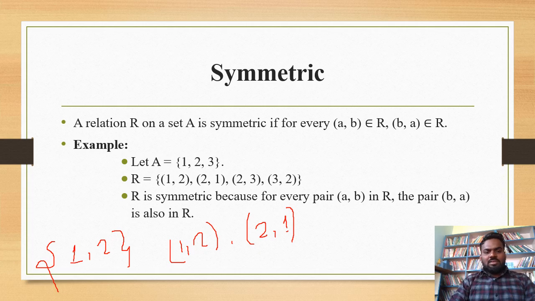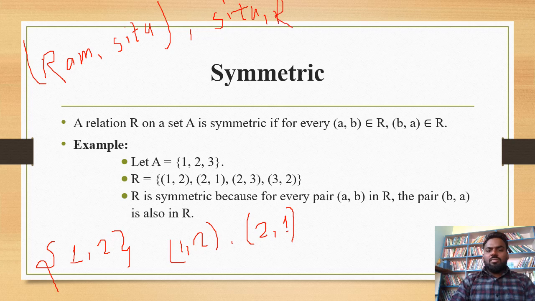Another real-life example: there is (Ram, Sita), so this is one relation. If another pair is also there, for example (Sita, Ram), then we call this symmetric. So if (a, b) is present in the set, then another ordered pair like (Sita, Ram) is also there. In this way we understand what symmetric is.